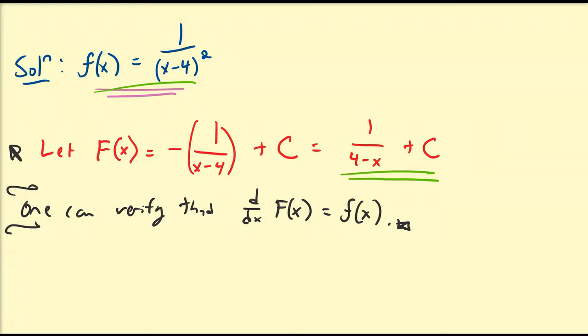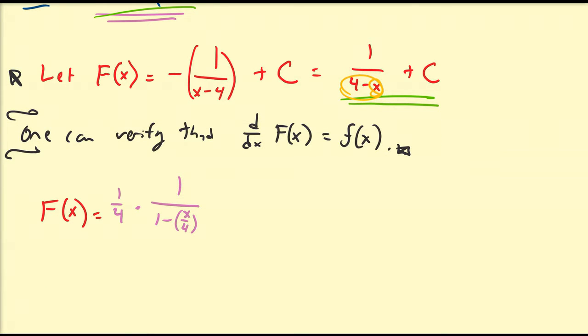So what do I have here? Capital F of x is going to be equal to, so what I'm going to do is factor a 4 out of this bottom. Once I do that, I'm going to get 1/4 times 1 over 1 minus x divided by 4.